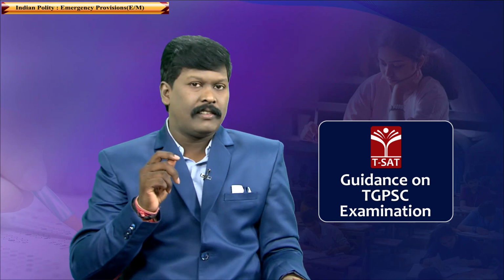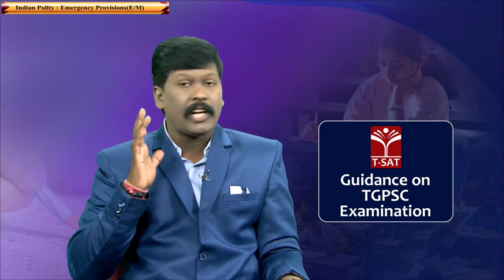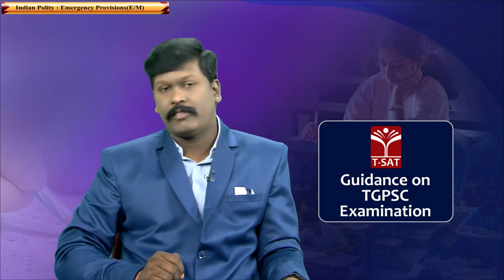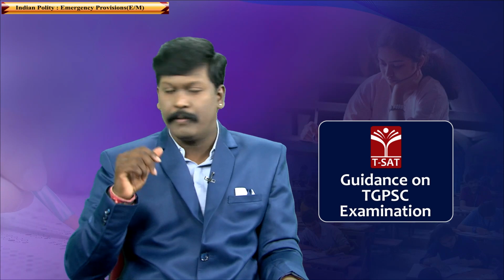Meaning, the President proclaims the national emergency only when he receives a written notice signed by the cabinet. The cabinet will send a written notice only when there are any of the three conditions satisfied to proclaim the national emergency.